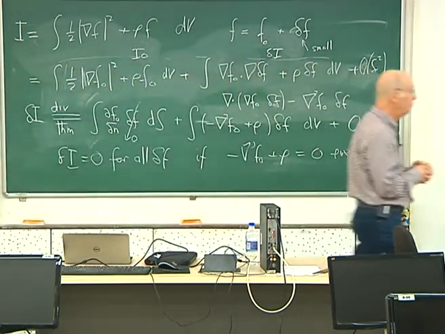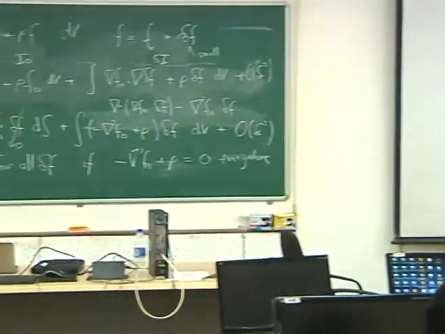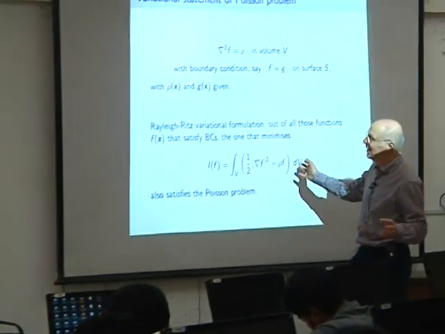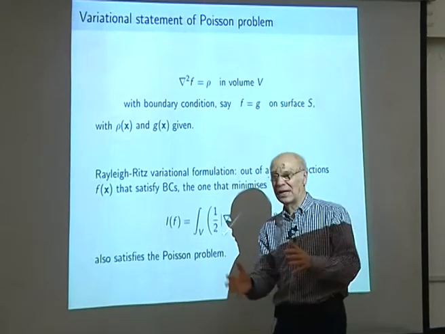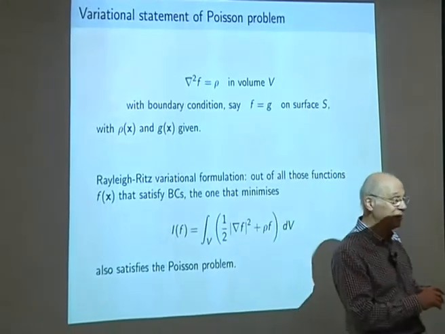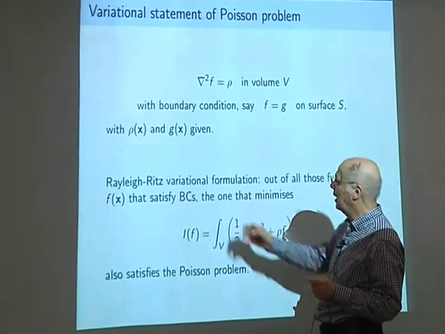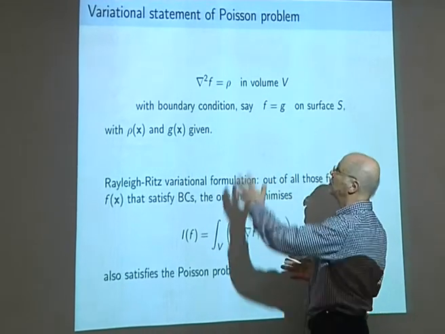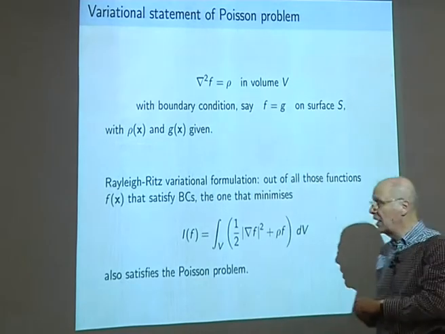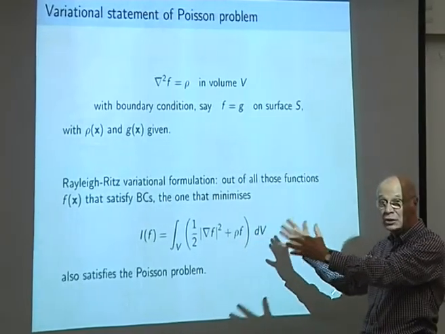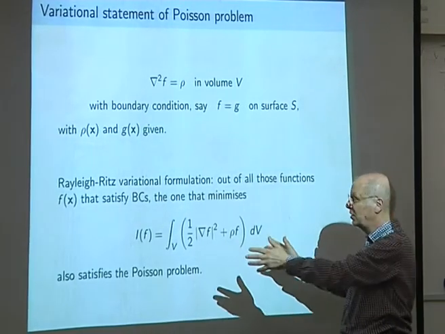Okay, so back to the slides here. That's called, in my area, but it's called different things in different areas, the Rayleigh-Ritz principle. And I can solve that partial differential equation if I look at that integral and try and find the stationary values.